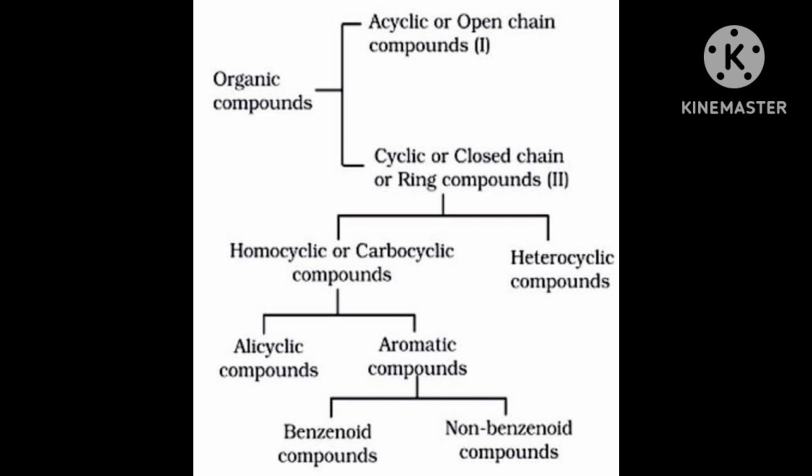Alicyclic is also called aliphatic cyclic compounds. Alicyclic compounds contain carbon atoms joined in the form of a ring. The ring may be triangular, or 4-membered, 5-membered, 6-membered, 7-membered, 8-membered.